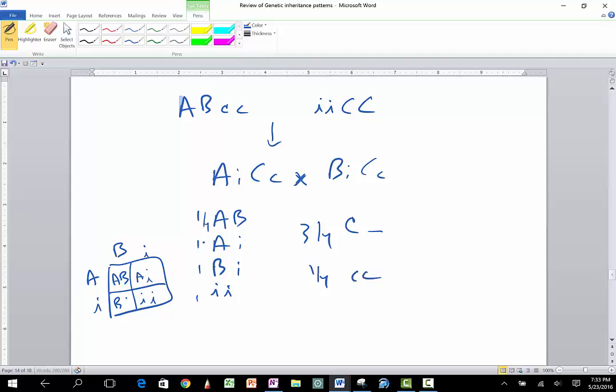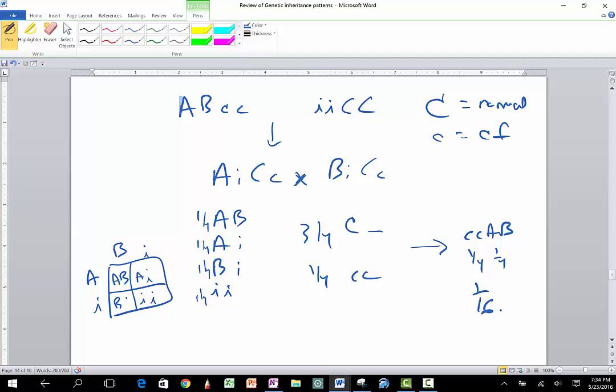These are all 1/4. So we can multiply these probabilities to see what we get out of this. So in this case, we're saying this is normal. This is cystic fibrosis. We say, okay, well, what's the probability of getting cystic fibrosis and having type AB blood? Well, that's 1/4 and 1/4. You get a 1/16 probability of that.